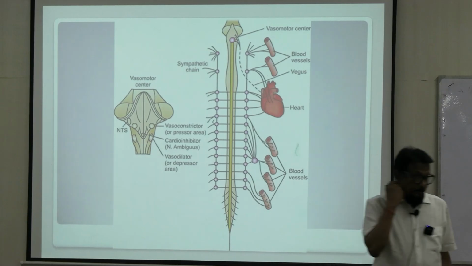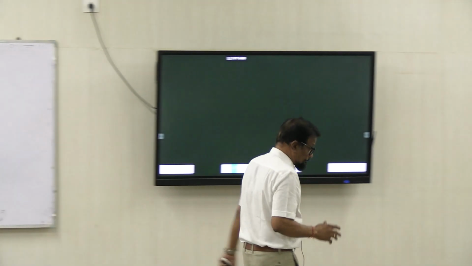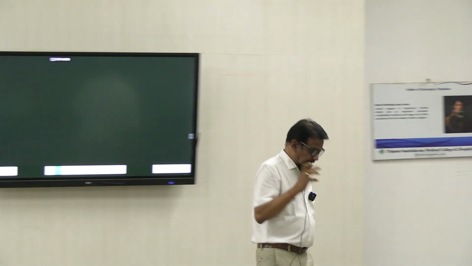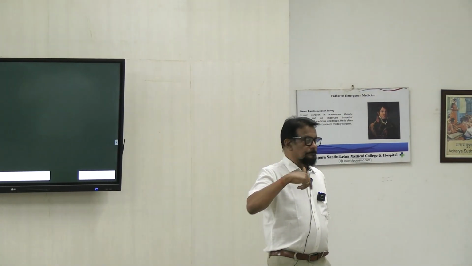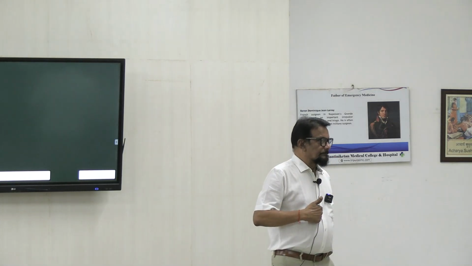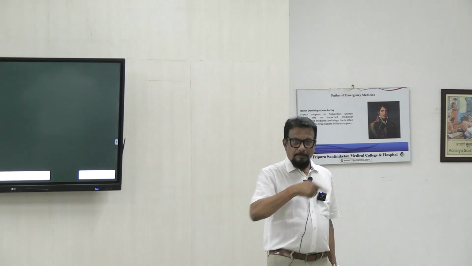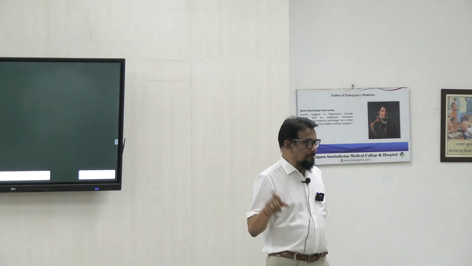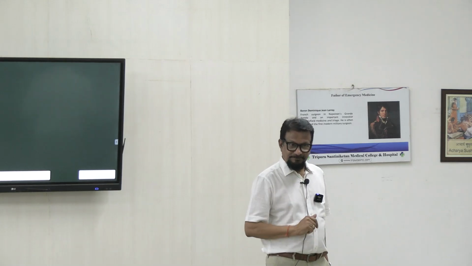Okay. In short, very short, neural control will involve the central nervous system, meaning the medulla oblongata. In the medulla there is one center called the vasomotor center.